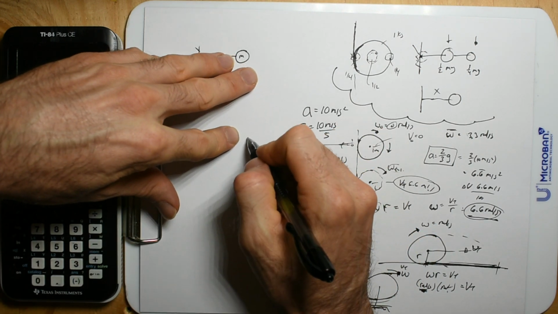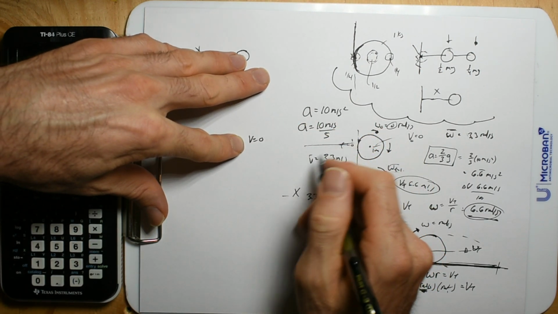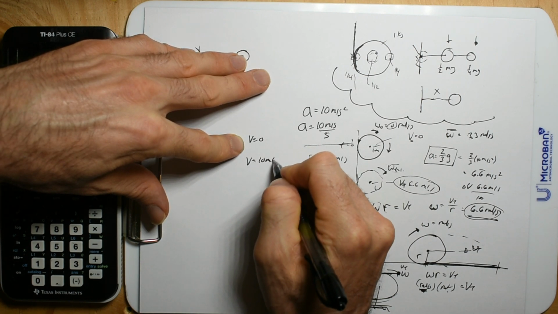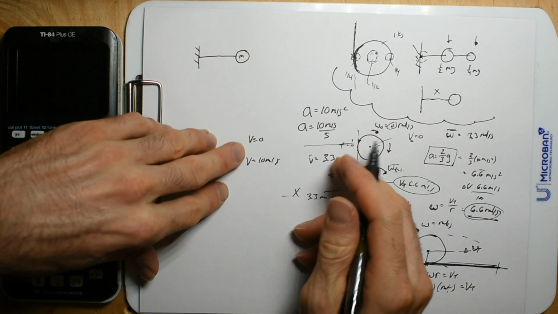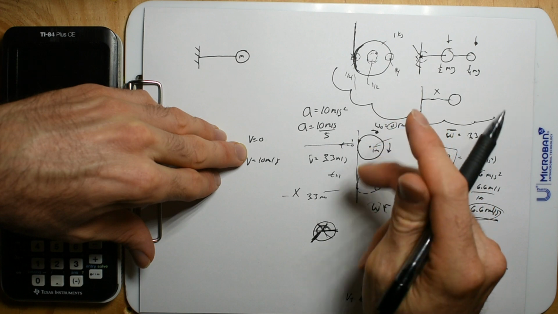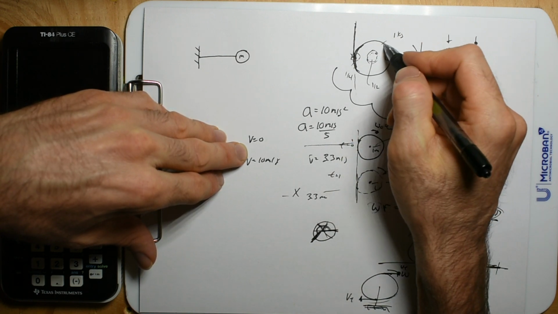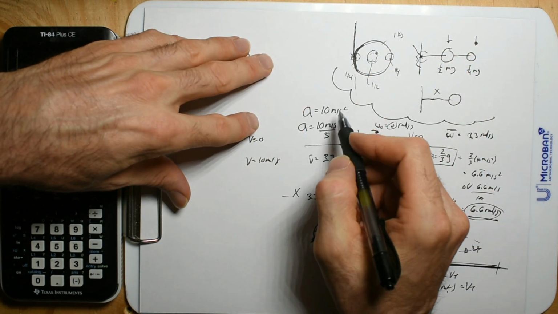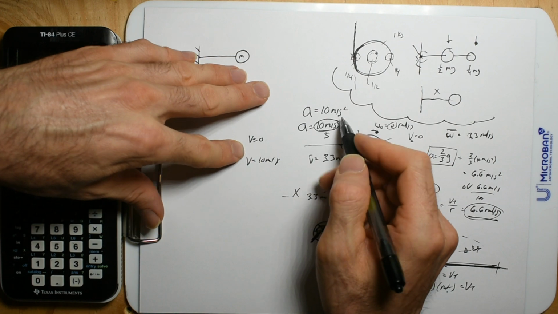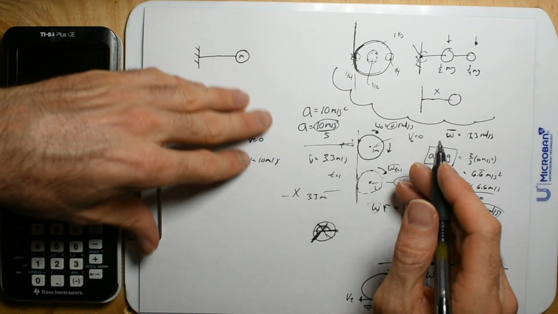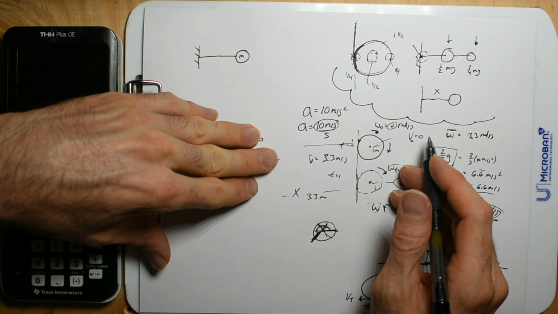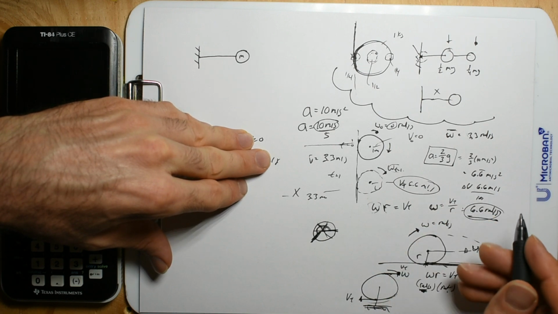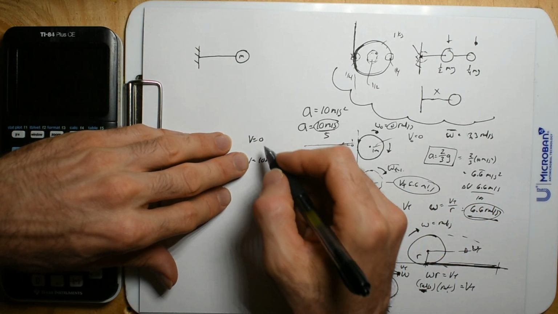It says that if my velocity is 0, in 1 second my velocity is going to be 10 meters per second. So if you take a time frame of 1 second and you start with something at rest, this number is going to be your velocity, which is super cool. I kind of like that.